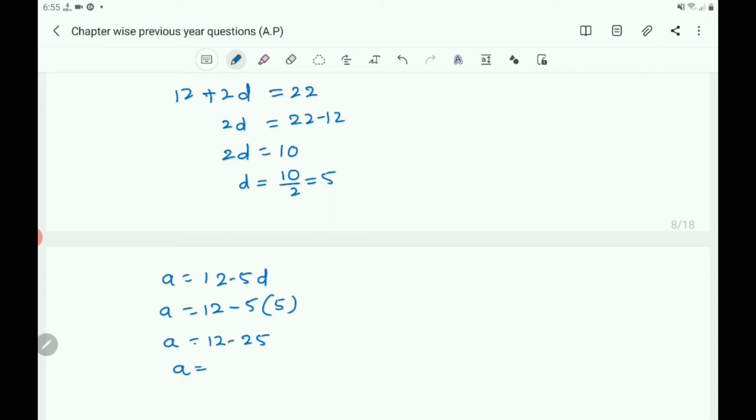So a is 12 − 25, which is −13. A is equal to −13.